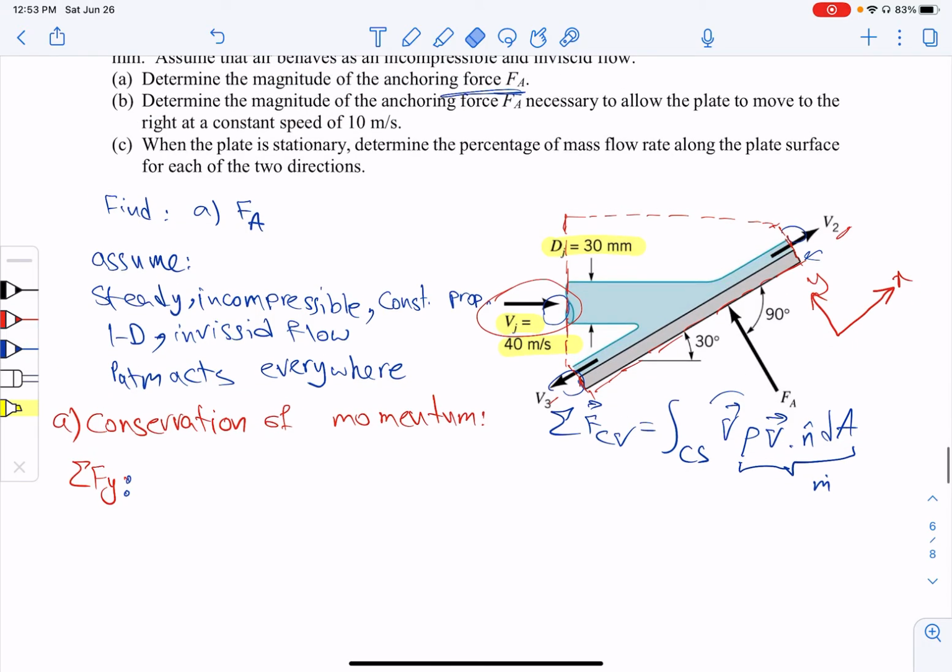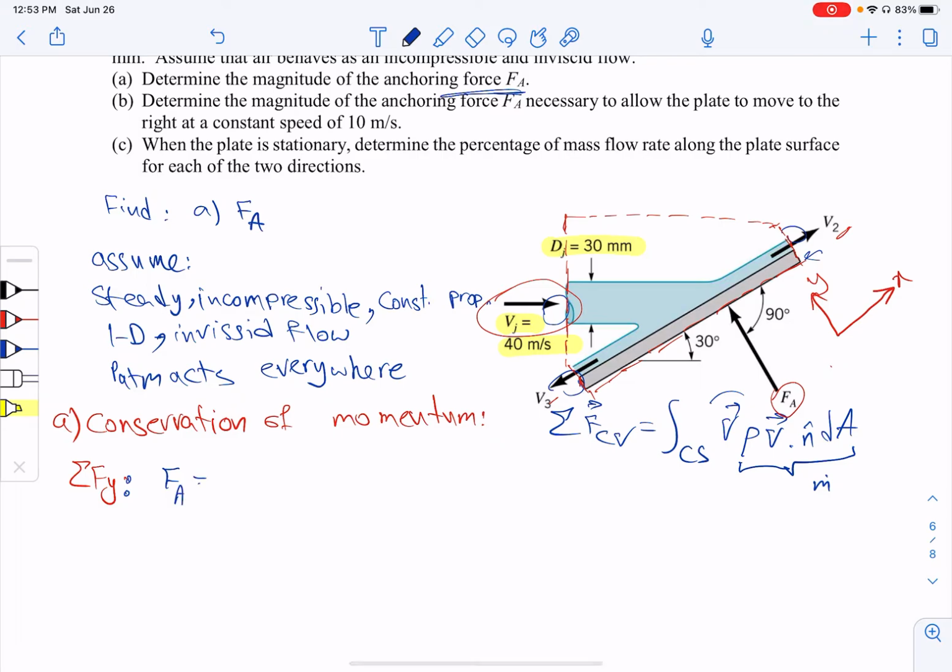For the anchoring force, I have Fa, and Fa is in my y direction. So this is Fa, we can see it here. Because of that, I'm going to write down Fa.